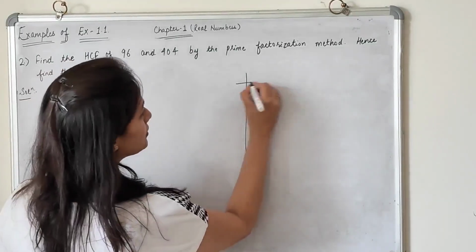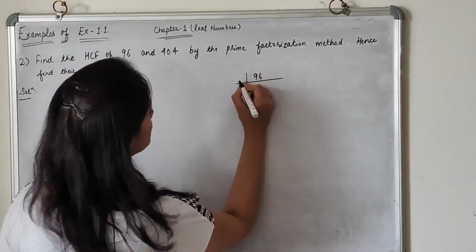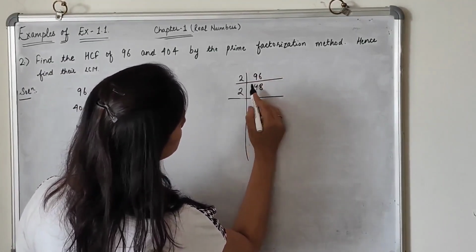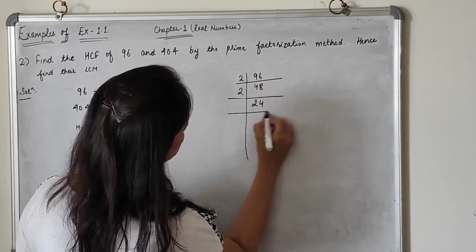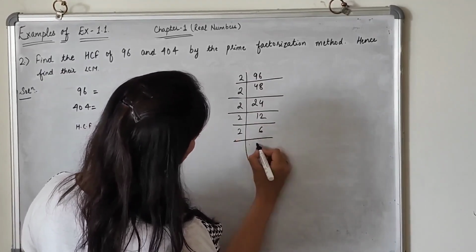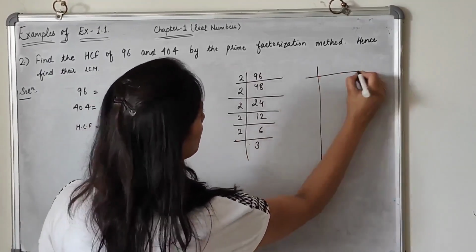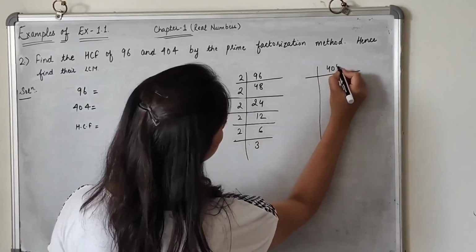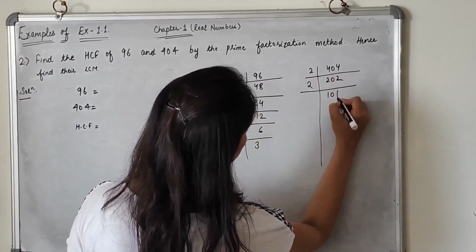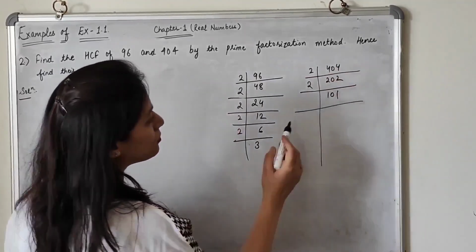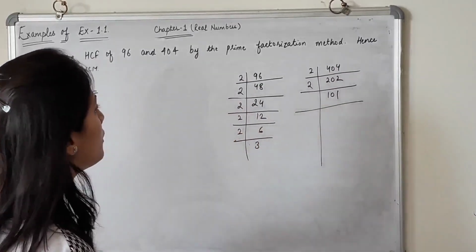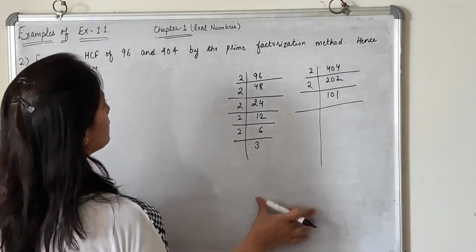So what will the prime factors of 96 be? 2, 48, and 404. So what are the prime factors of these?